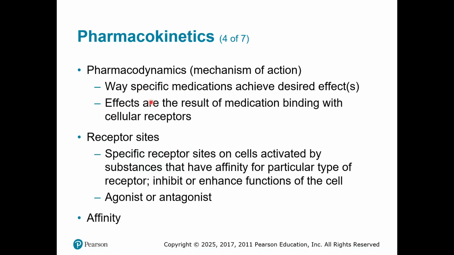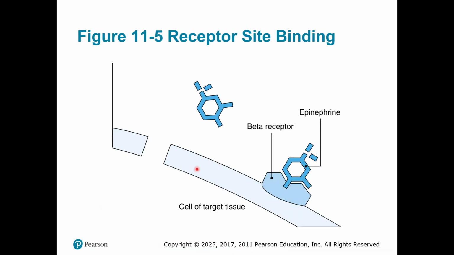Mechanism of action is the way the specific medication achieves its desired effects. Effects are the result of the medication binding with cellular receptors. I'll come back to this slide here. Here's a cell of a target tissue right here. And this happens to be a beta receptor.